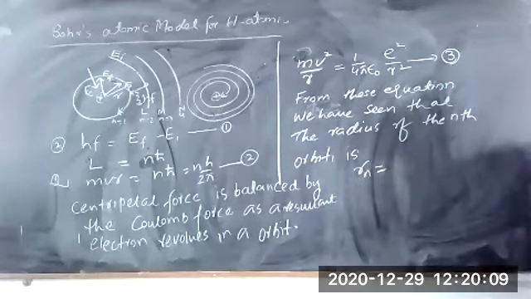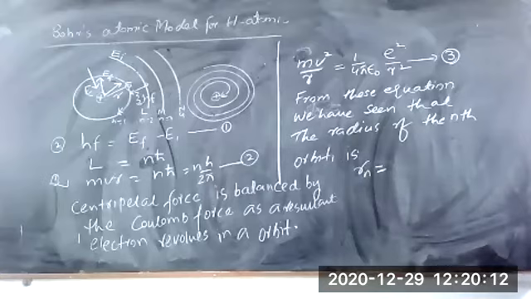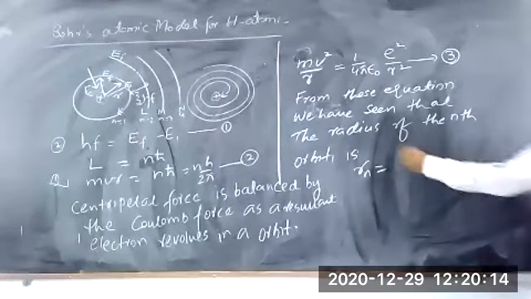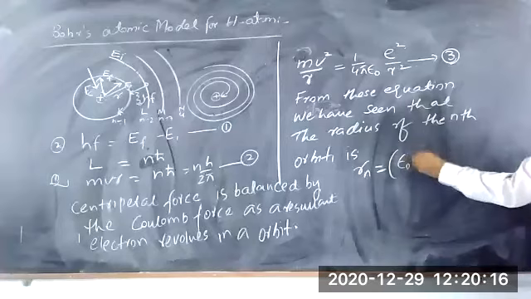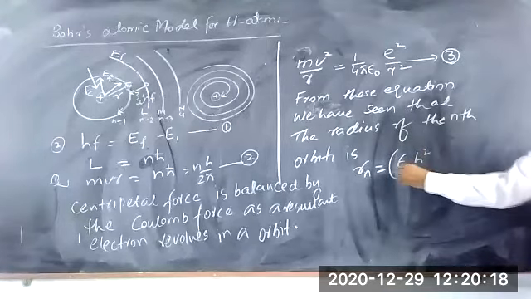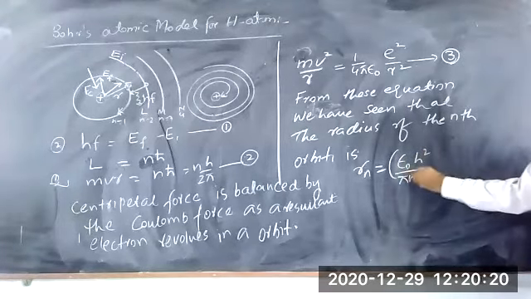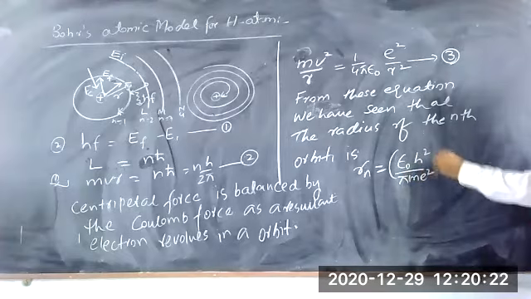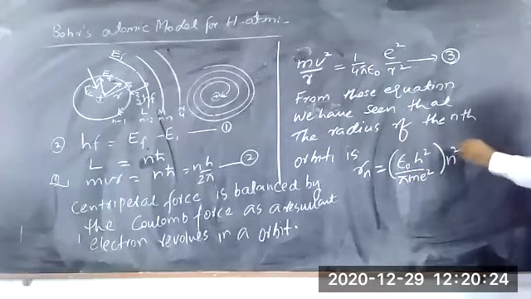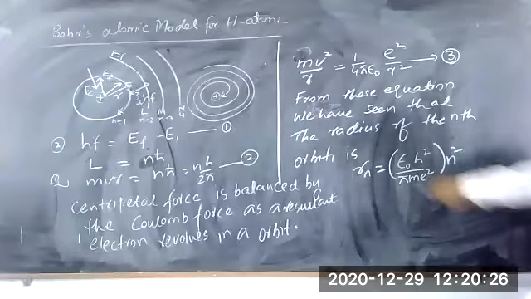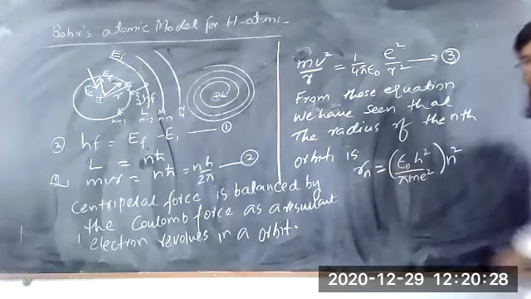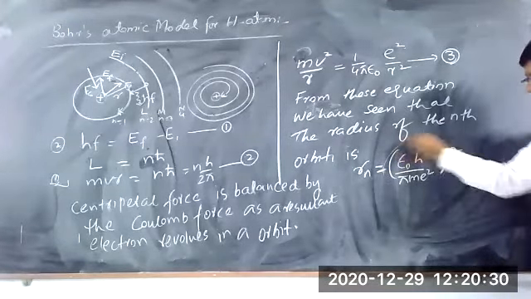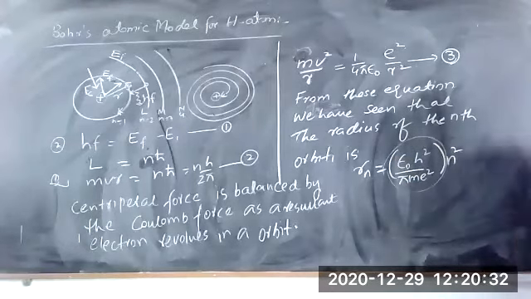Rn is equal to epsilon naught h square over pi m e square into n square. It means the radius depends on some constant value.